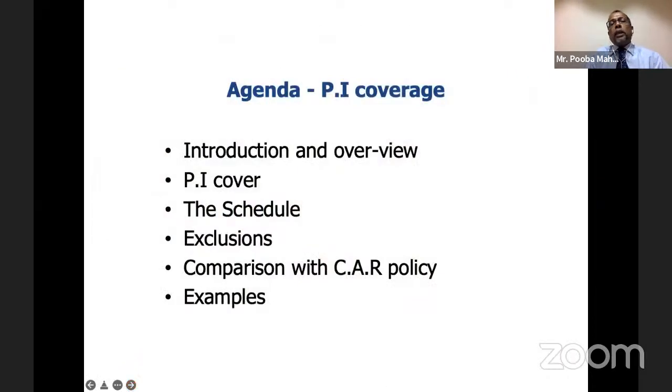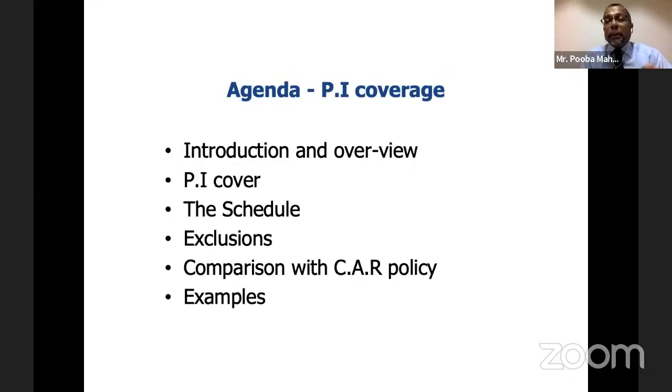So the topic for today, we're going to cover professional indemnity insurance, a sort of an overview. We're going to cover some overview points. Then we will look at the PI coverage, the policy schedule. We look at some exclusions. We'll also compare this with the CAR policy. Now, some of you may be wondering, what is CAR policy?